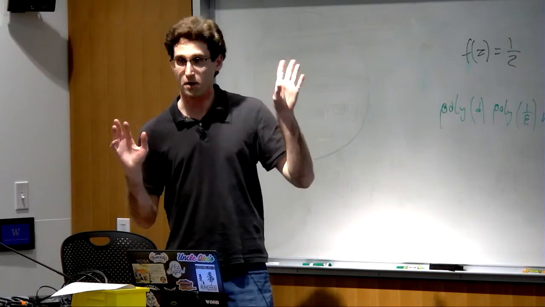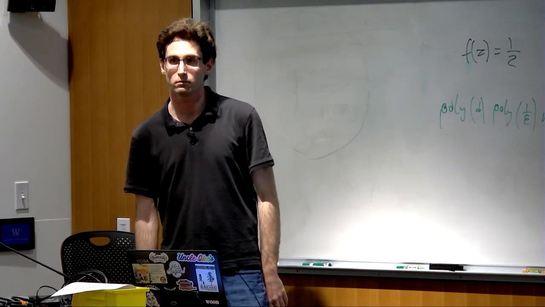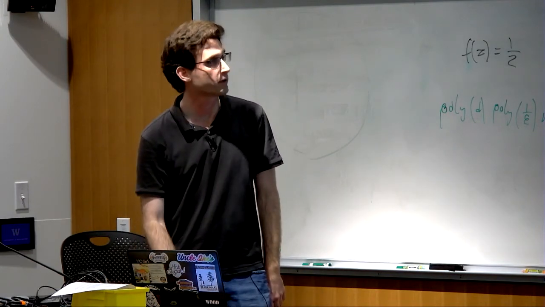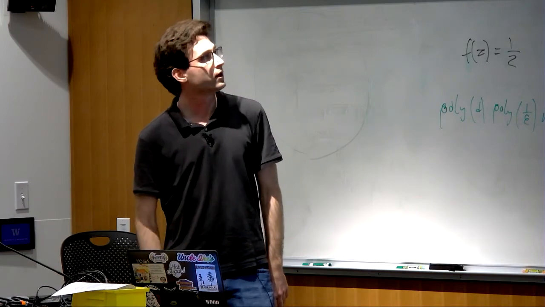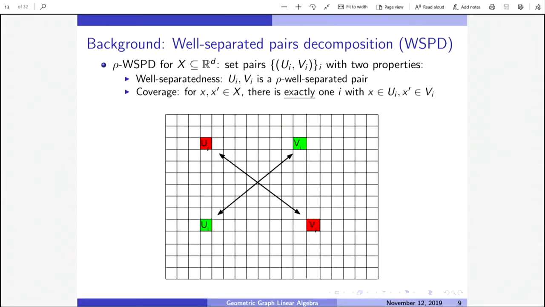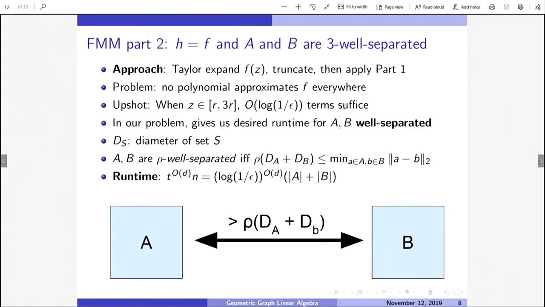But we have this assumption that A and B are well separated, so let's try to get rid of that assumption. We'll get rid of it using a very classic tool in computational geometry called the well-separated pairs decomposition. The error here depends on this rho. Rho controls the well separation. We're applying it with rho equal to 3.